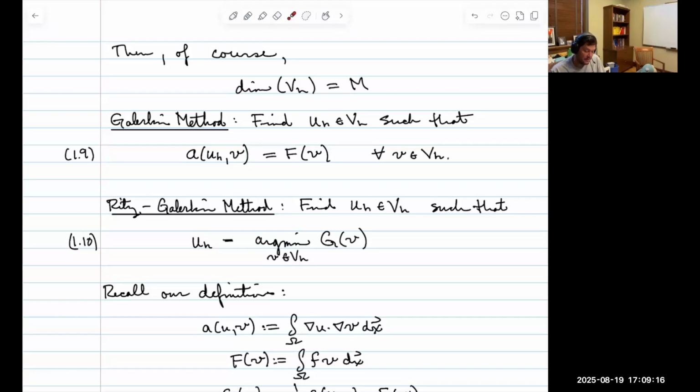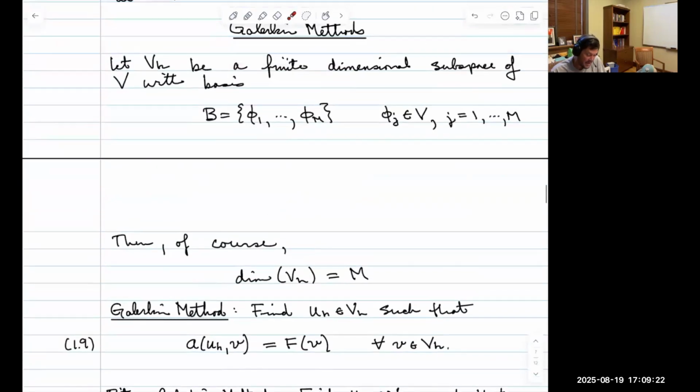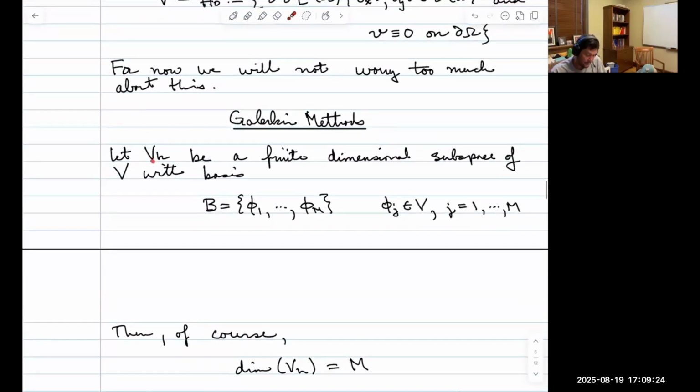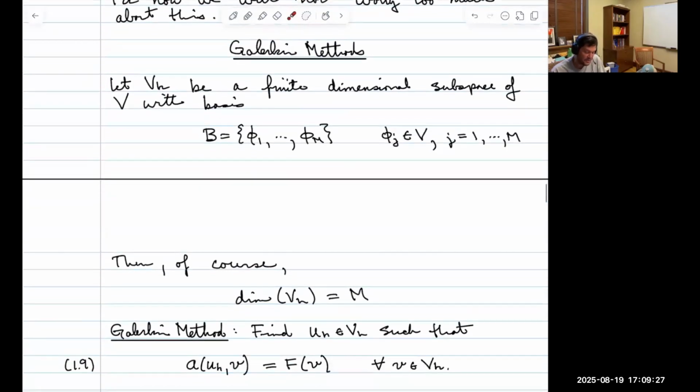The Galerkin method is to find u_h in V_h, and I use V_h to represent the fact that I have a finite dimensional subspace. You might say to yourself, how are h and m related? There's no clear way, but the way I usually think about it, in the back of my mind, is that h is equal to 1 over m.